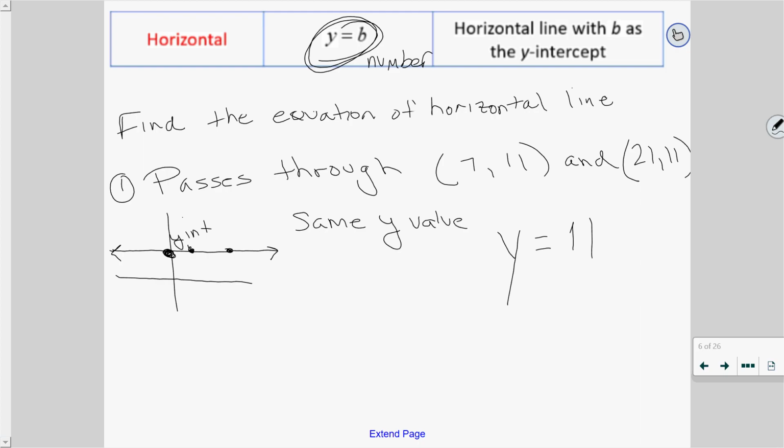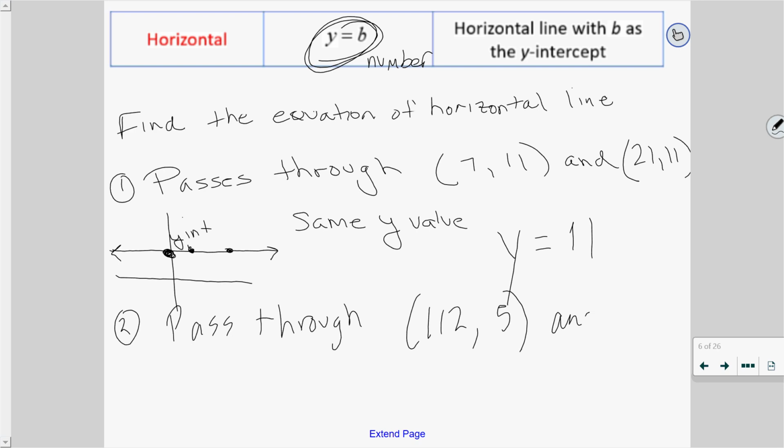All right, so second one. I can say passes through, and I'm just making up random points, 112, 5, and is a horizontal line. Again, I'm trying to give you each situation. What I want you to do on that one is visualize it.